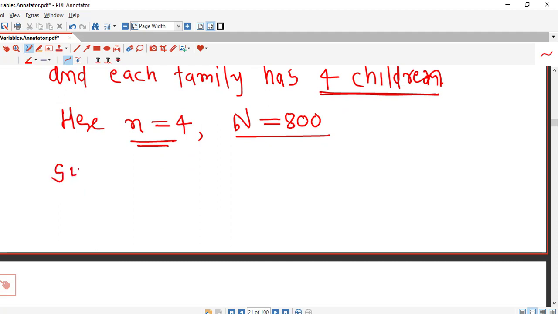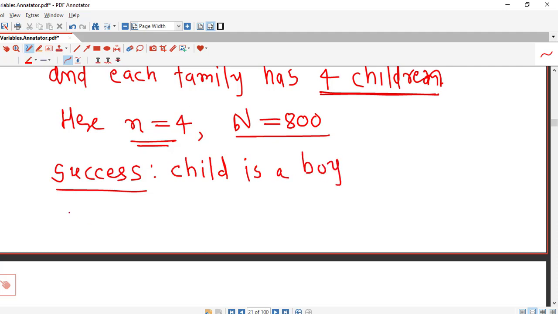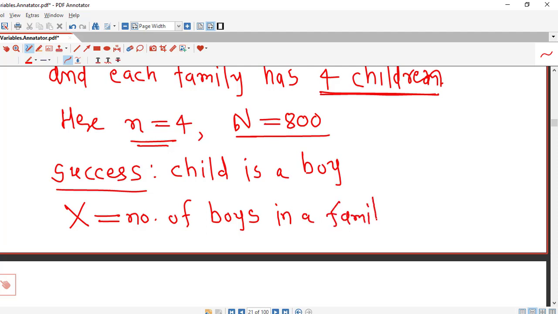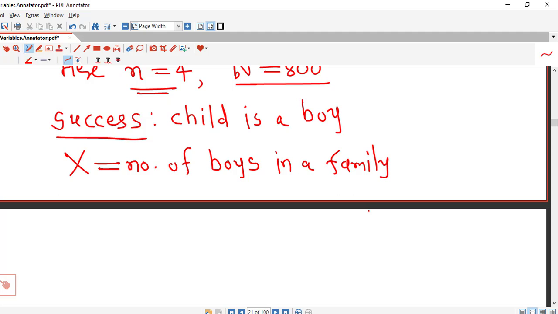So we can define success as either the child is a boy or the child is a girl. We consider that success is defined as the child is a boy. So the random variable will be the number of boys in one family, and in one family there are 4 children.